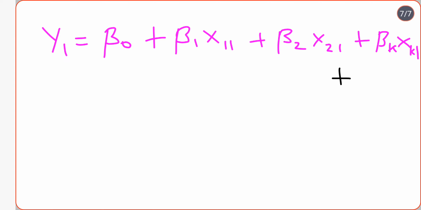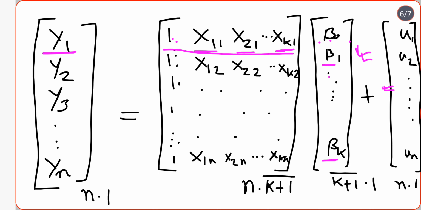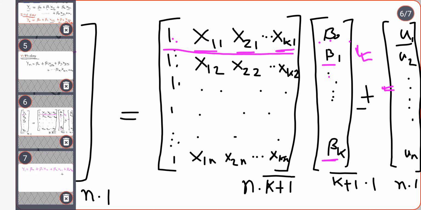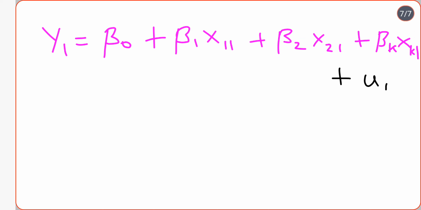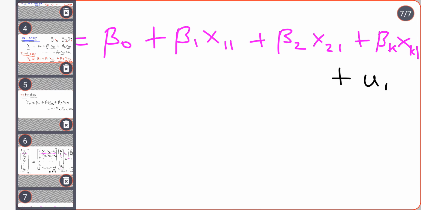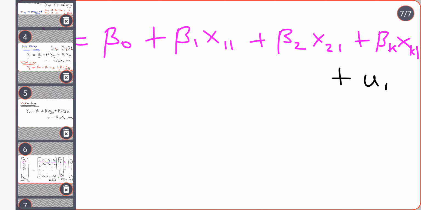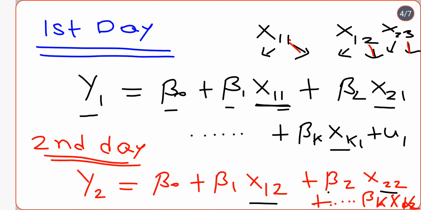And the last one, which is very important, is u1, so plus u1. So basically this was our first equation, and we also obtained this equation on the first day. If you compare it with the equation of the first day, it is just the same: beta 0 plus beta 1 x11 plus beta 2 x21 plus beta k xk1 plus u1.